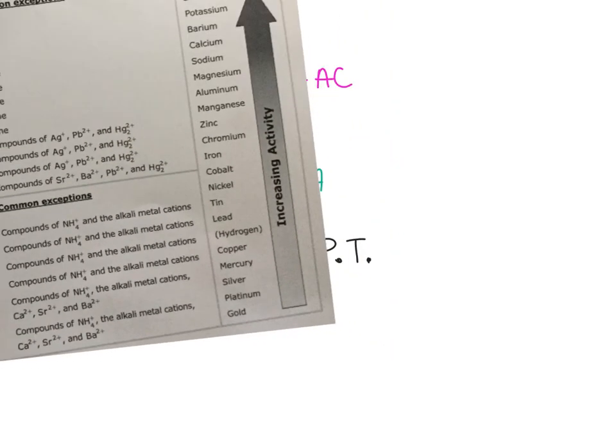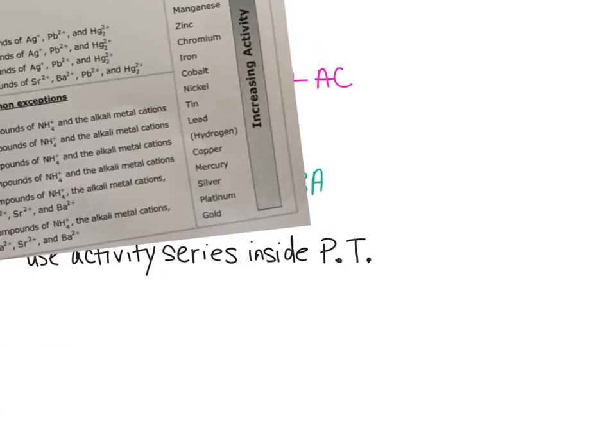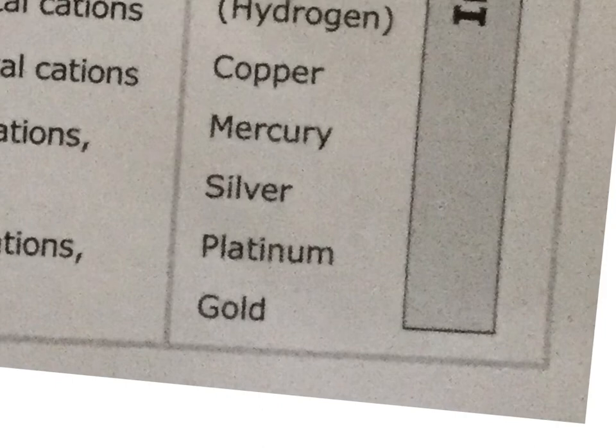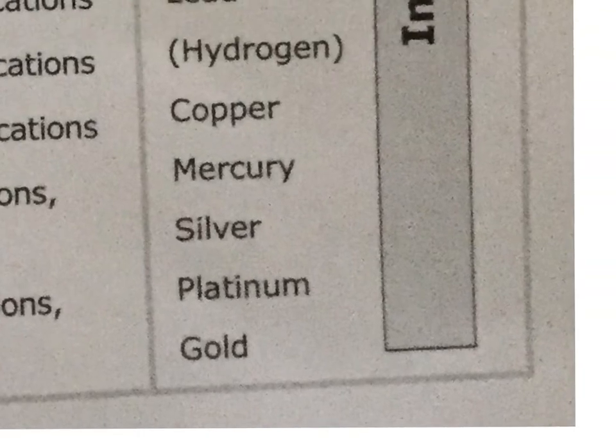So you see that a lot of the, and something to notice, my AP kids and I were talking about this, was silver, platinum, and gold. Those are usually our jewelry, right? And even copper. All of those are at the bottom of this, so they're not going to react with things like most of our acids.